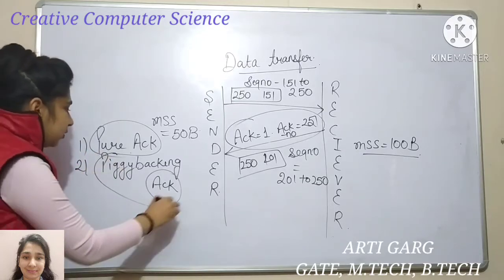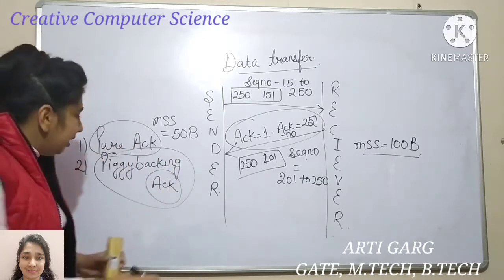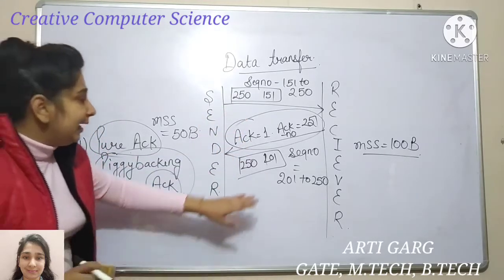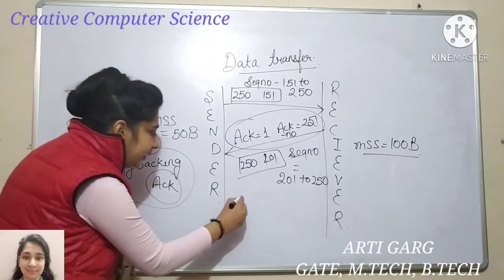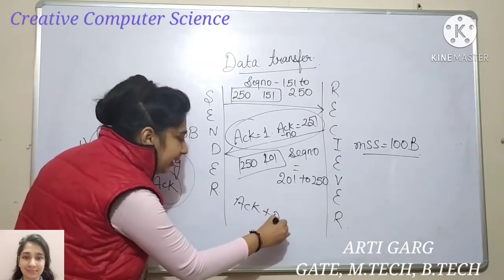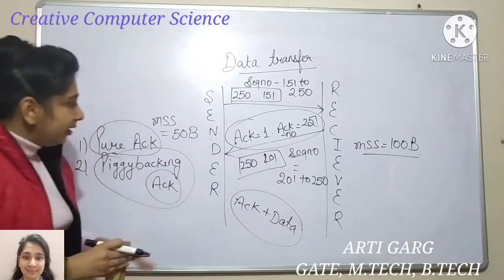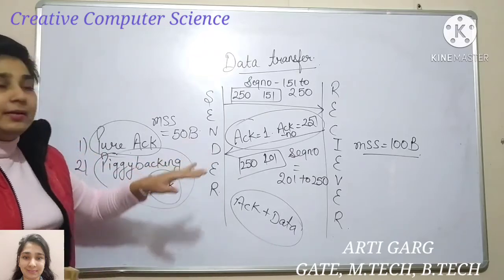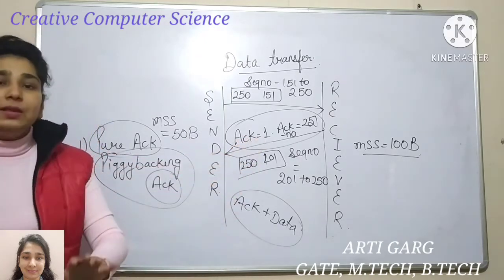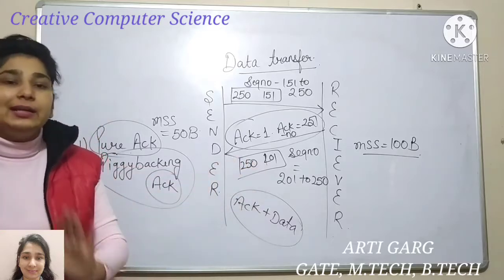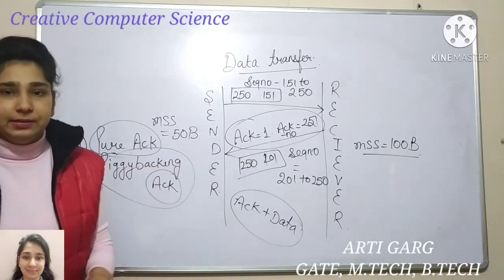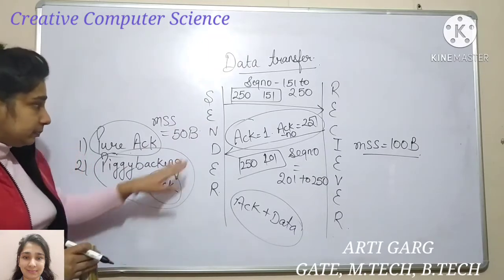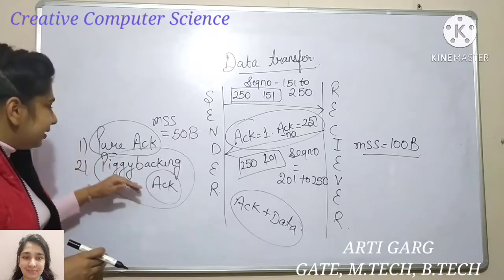And what is piggybacking acknowledgement? Piggybacking acknowledgement means that with the acknowledgement you are also sending data. Acknowledgement plus data is our piggybacking acknowledgement. You are sending the acknowledgement back to the sender, but with it you are also sending data. Piggybacking acknowledgement is good.